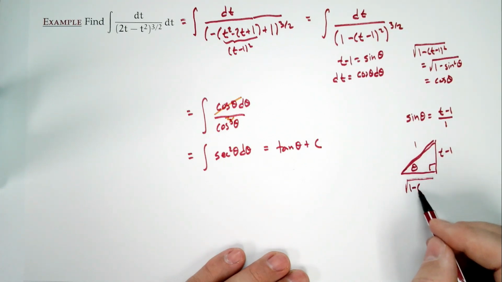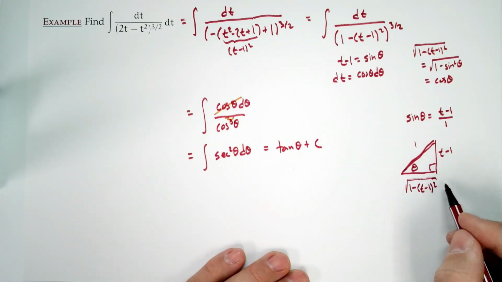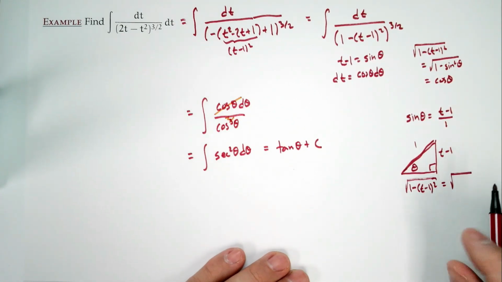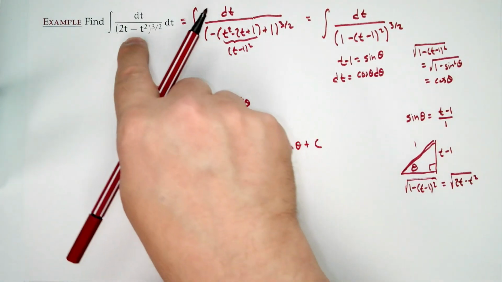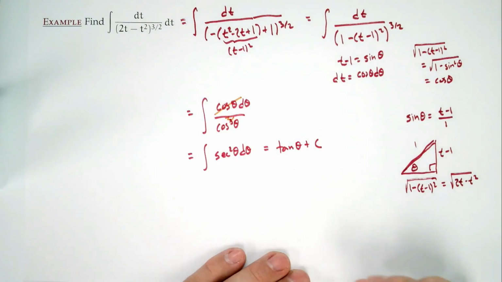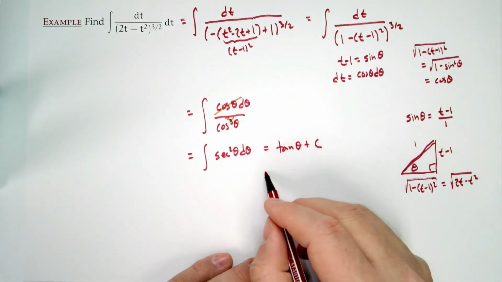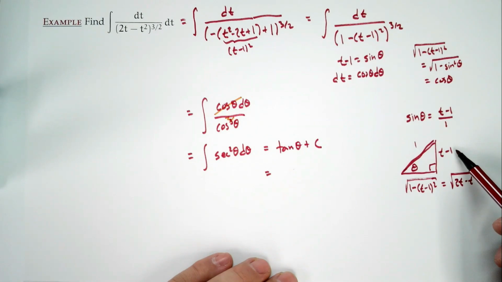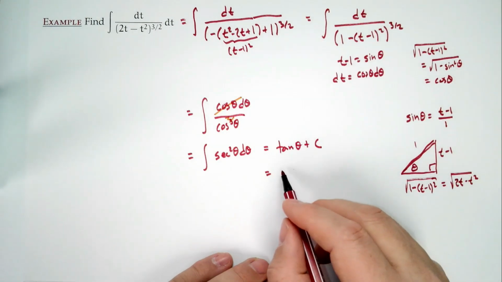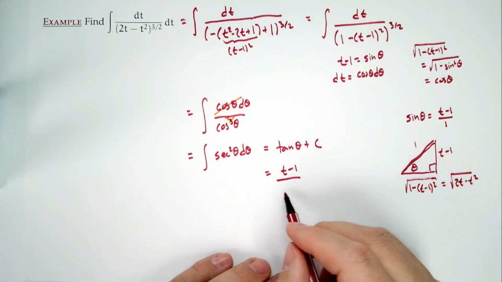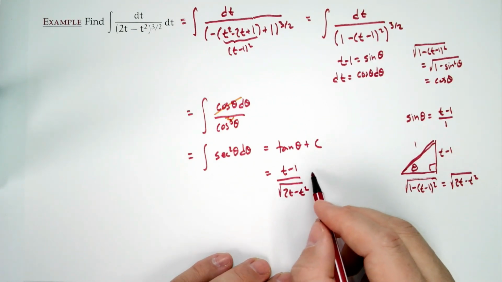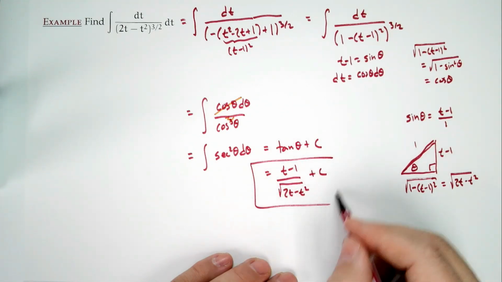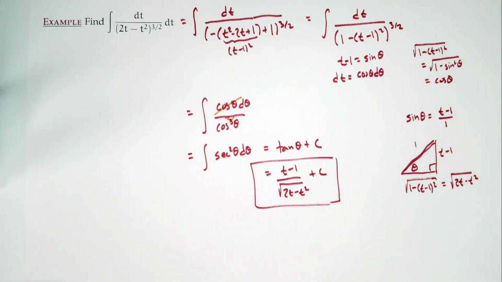So 1 minus t minus 1 squared. And if you multiply that out and simplify it, that becomes the square root of 2t minus t squared. Way back what we started with. So, what's tangent? Tangent is opposite over adjacent. So t minus 1 divided by the square root of 2t minus t squared plus c. And we're done with that one.